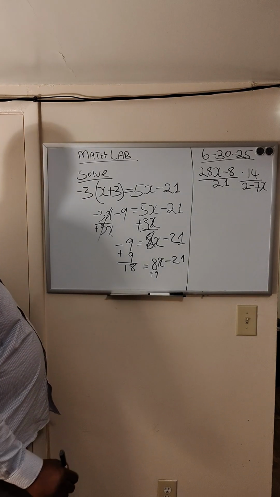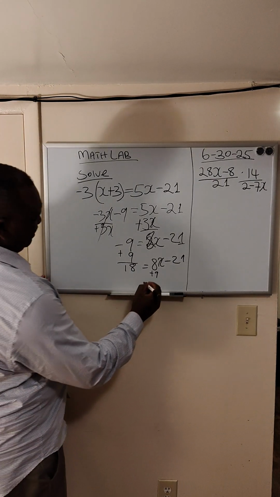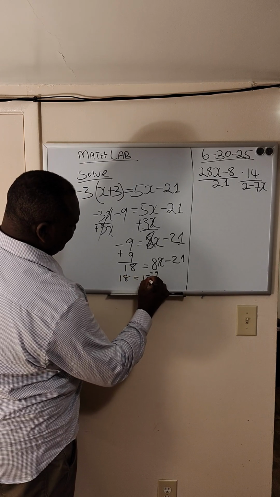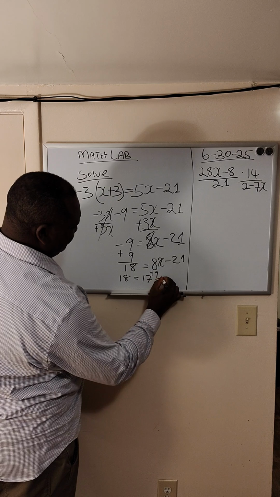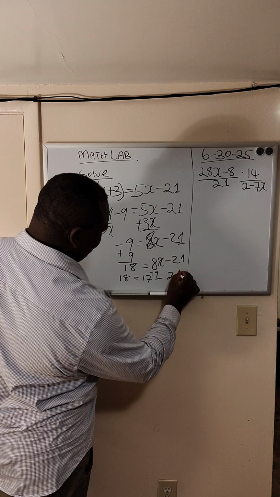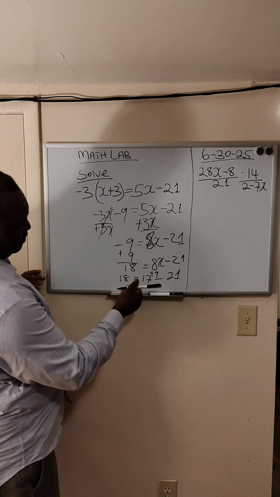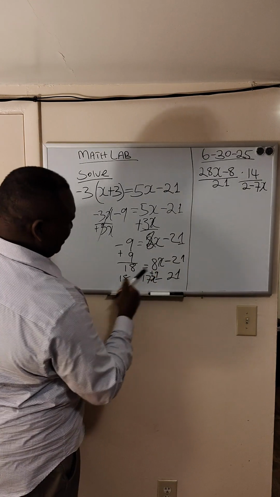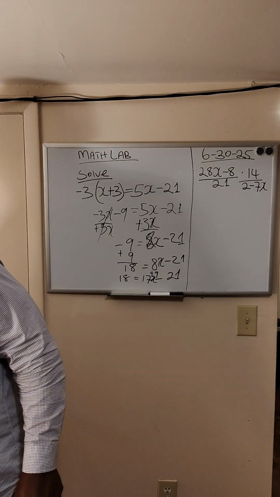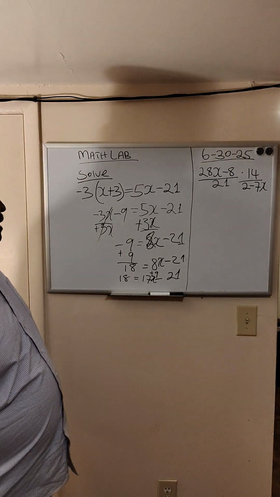That gives us 18 is equal to 17x minus 21 right there.